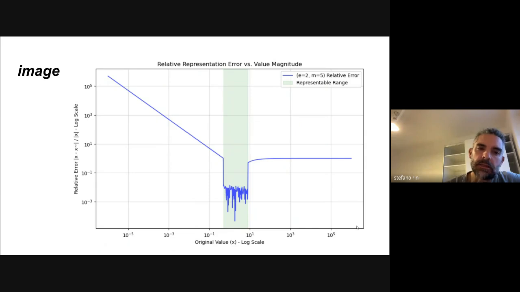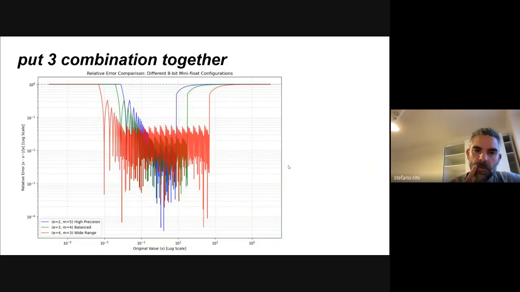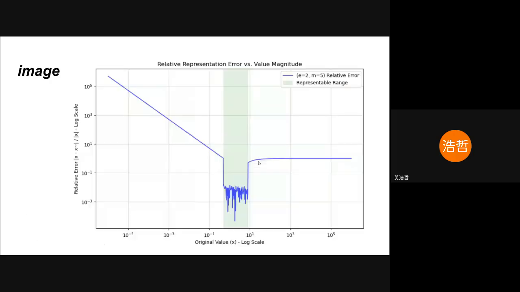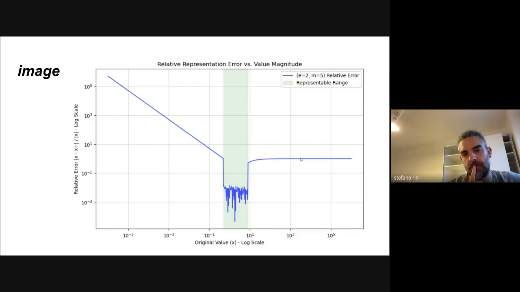You see here that the relative error is growing for negative exponents. But if you go to the next slide, then it's not growing. Yep. I think there is some error here. Yeah. Okay.